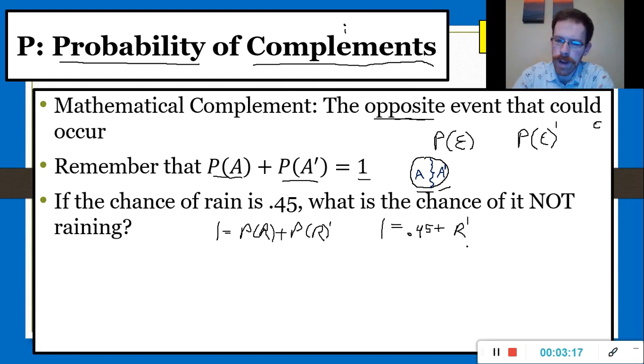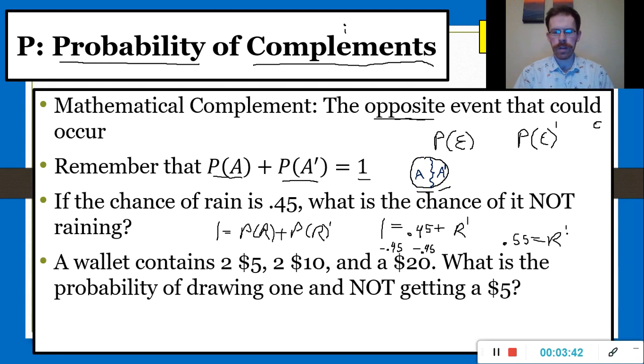Well, minus 0.45 on both sides, and that's going to be 0.55 is equal to the probability of not rain.